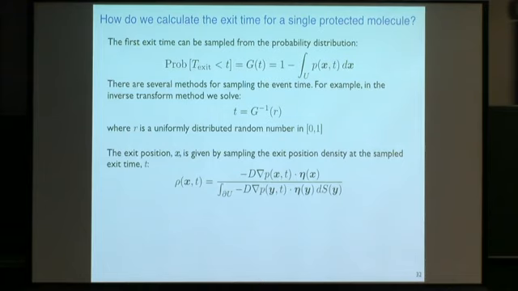Once you have your exit time, you need to know where you would exit given the exit time. You can calculate that by sampling from this density. Here t is fixed, and you would sample for x. So this is a density for the exit position x on the boundary. Again, that's something you can calculate from the PDE solution, though if you start at the center of a sphere, you have symmetry, so it makes life a lot easier.